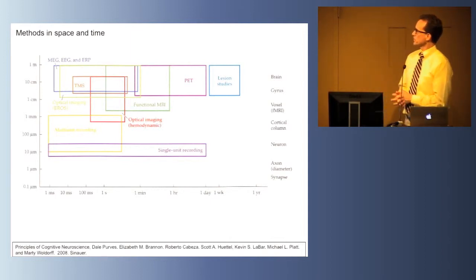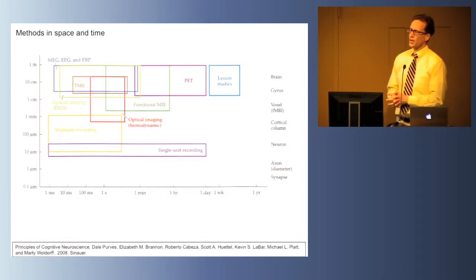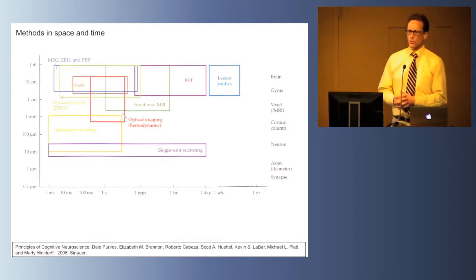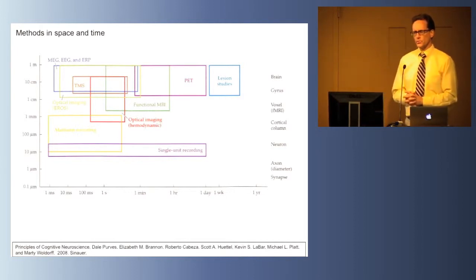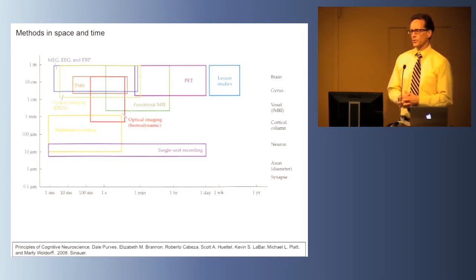Finally, lower, we see a box labeled multi-unit recording, and at the very bottom, at the 10 micron scale in space, extending from 1 millisecond up to 1 day, is single unit recording. This refers to the signal obtained from individual neuron or a collection of neurons from a probe placed inside the brain close to the cell body of one or a few neurons.